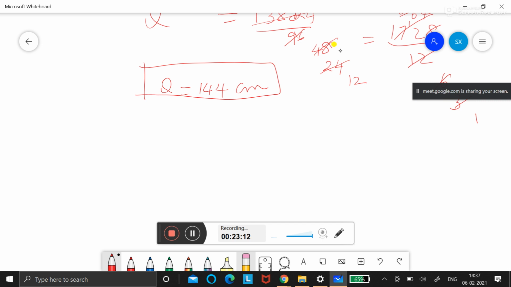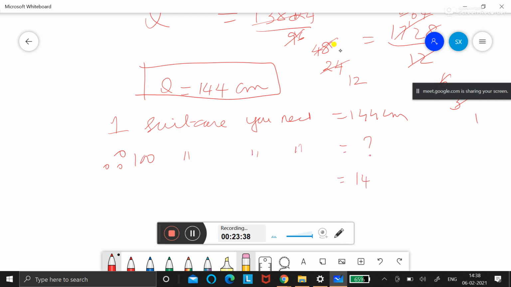Okay, next: how many meters of tarpaulin of 96 centimeters are required to cover 100 suitcases? So for one suitcase you need 144 centimeters. Therefore for 100 suitcases, what should you do?